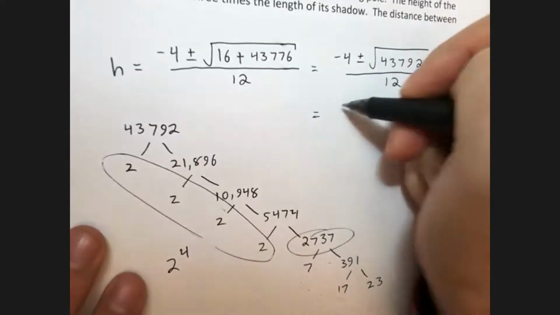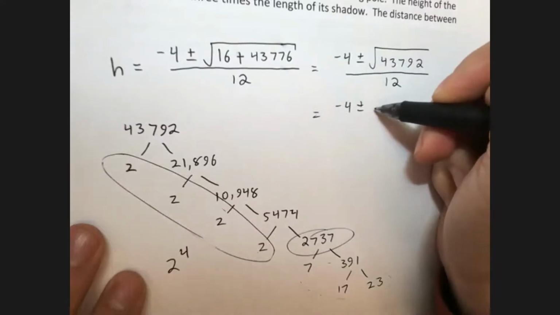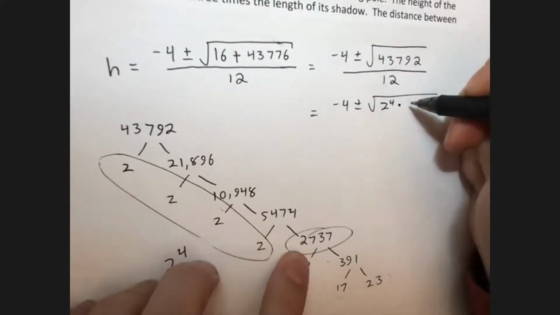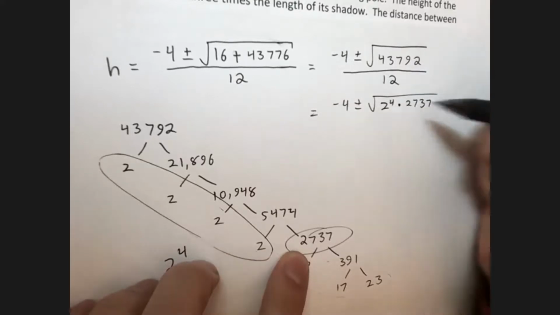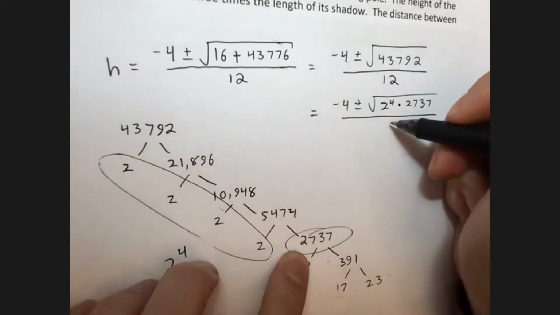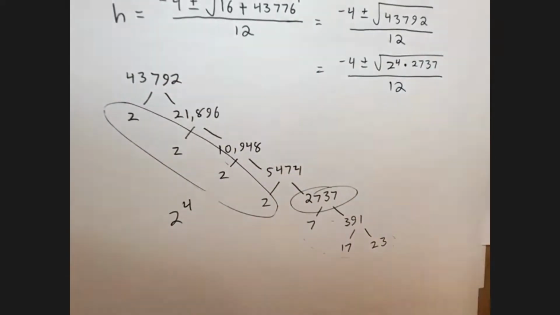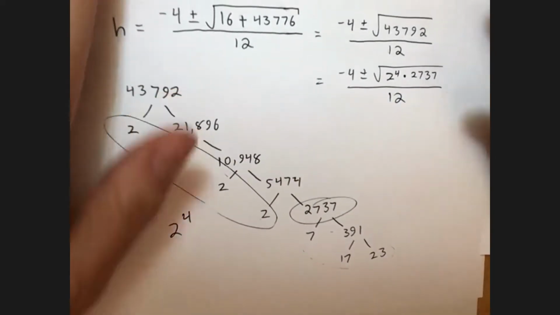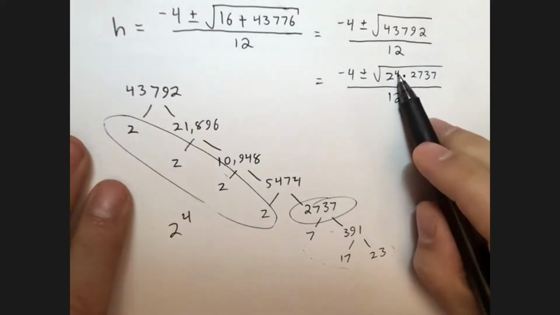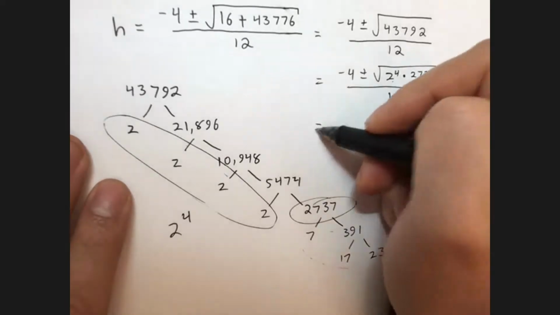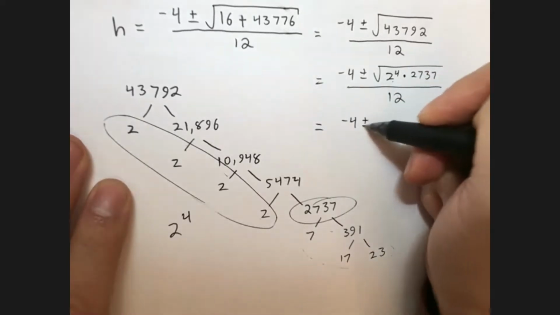All right, so it's -4 plus or minus 2 to the 4th times 2737 over 12. But if I take the square root of 2 to the 4th, I cut the exponent in half. Right, so 2 to the 4th comes out as 2 squared.